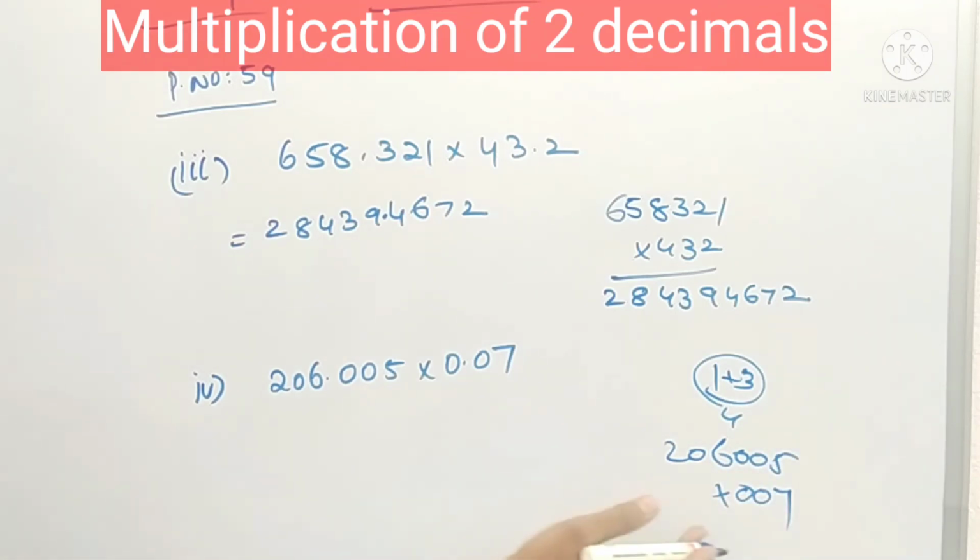And here also just ignore the decimal point and do the normal multiplication. That means with simply 7. The left side zeros have no values, right? So with 7 after multiplication we will get 7 5s are 35, right? 7 6s are 42, 7 2s are 14. So this we will get.